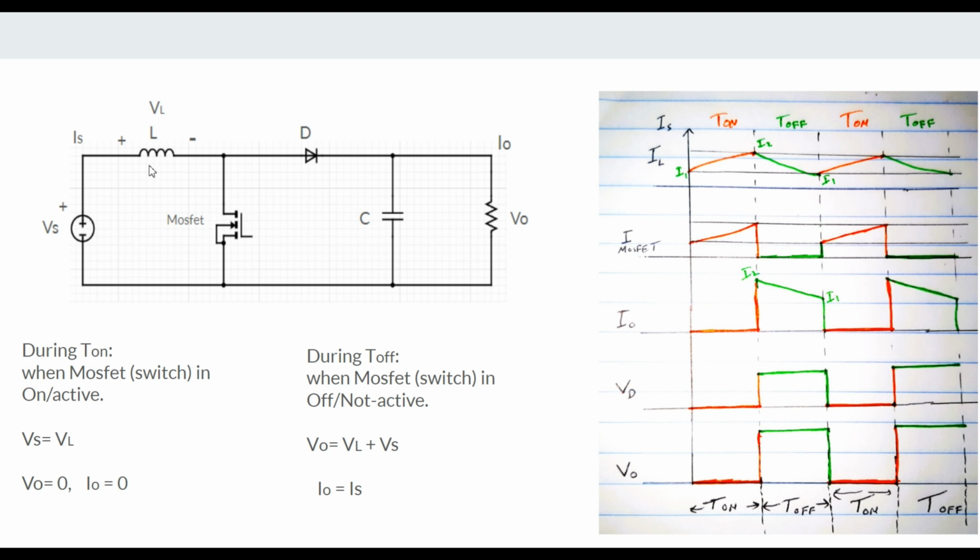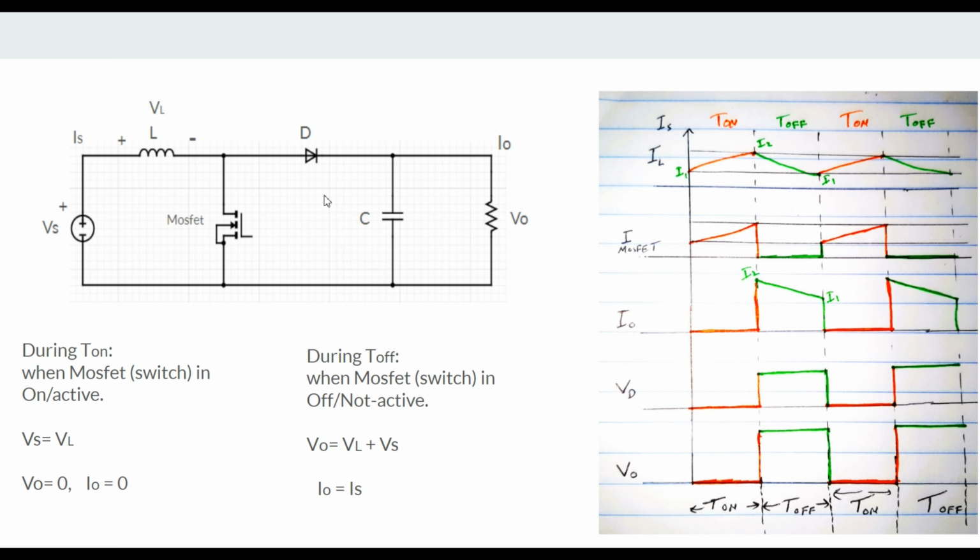When the current flows through this inductor, you will see initially the current is low, but it needs more current. That's why the current changes and goes from this level to this level while it is filling the inductor, during the on time, meaning when the MOSFET was on.